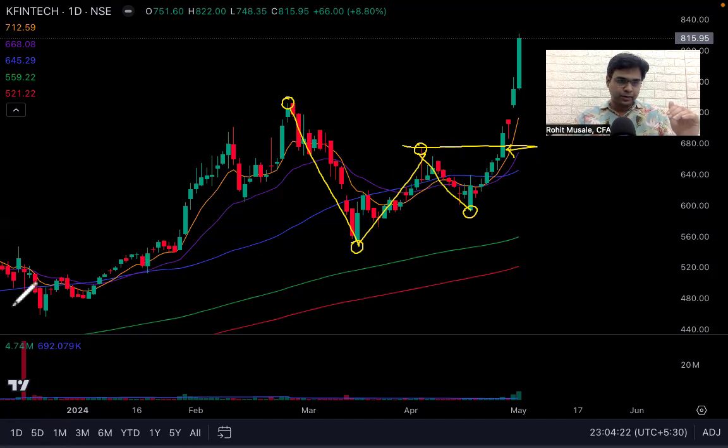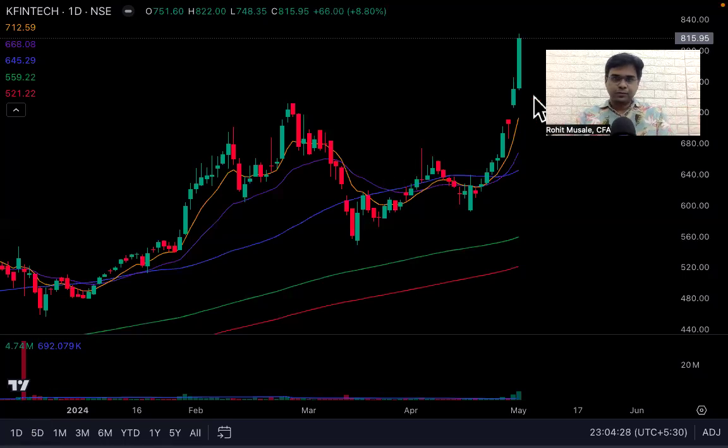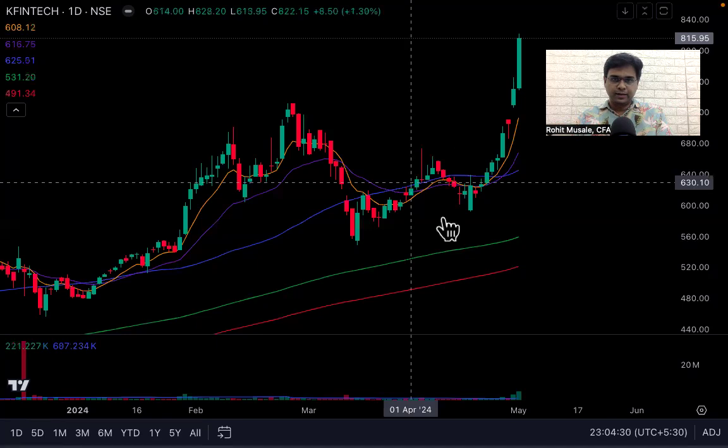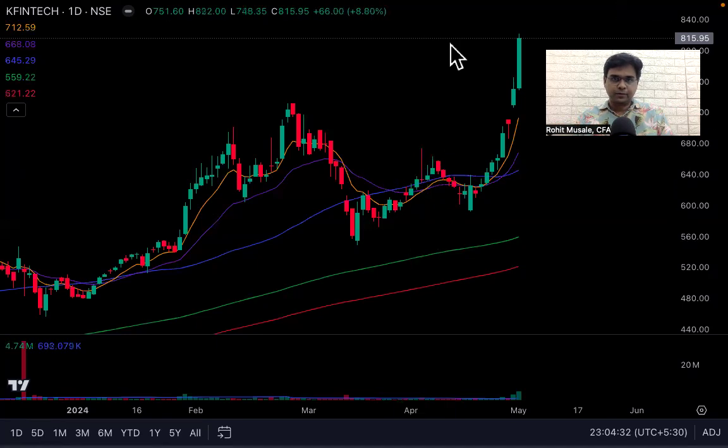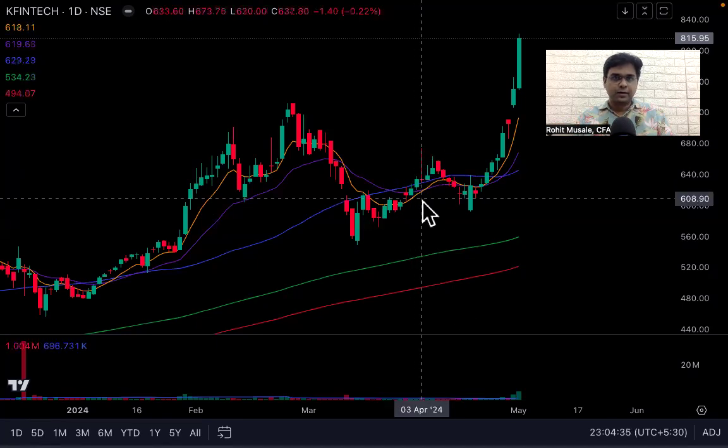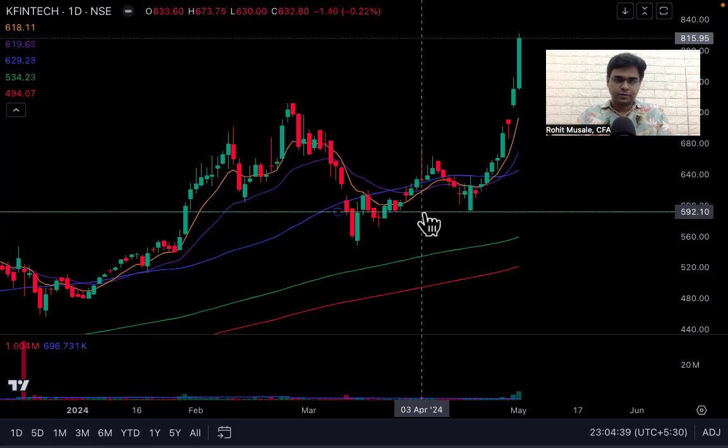So let me draw a line there. Let's draw a line at the high of this candle. What's the high of this candle? 673.75.